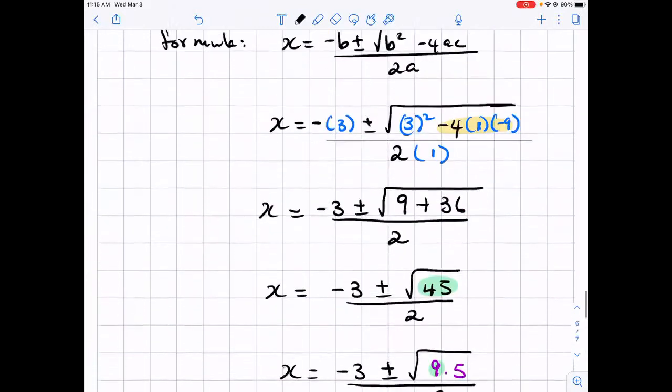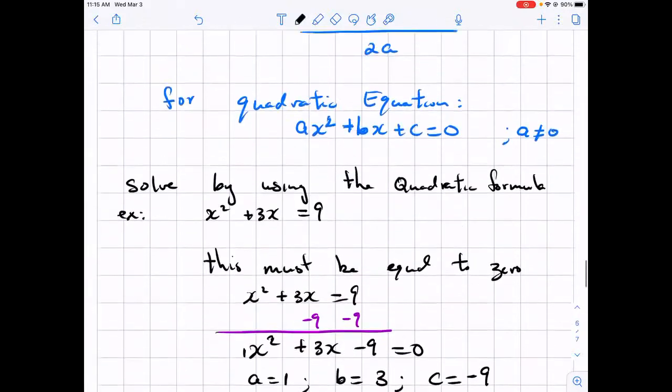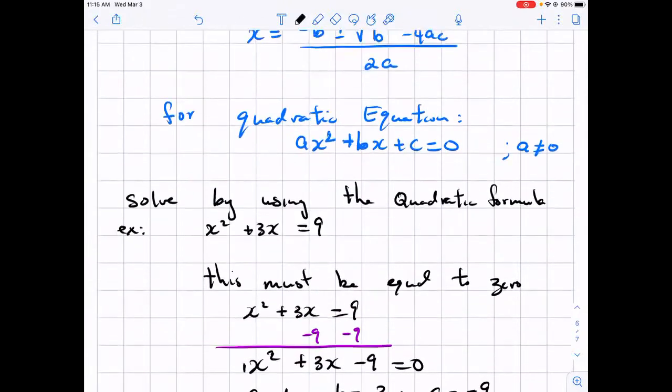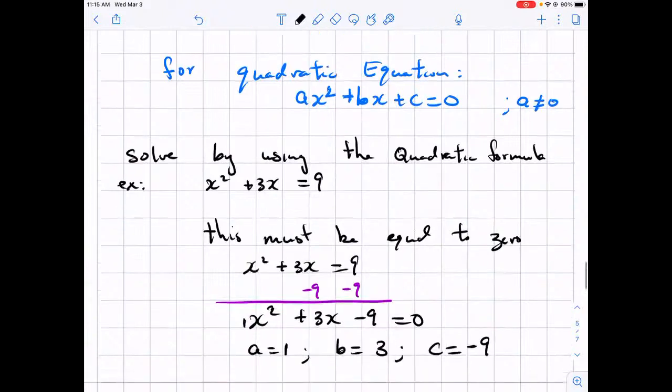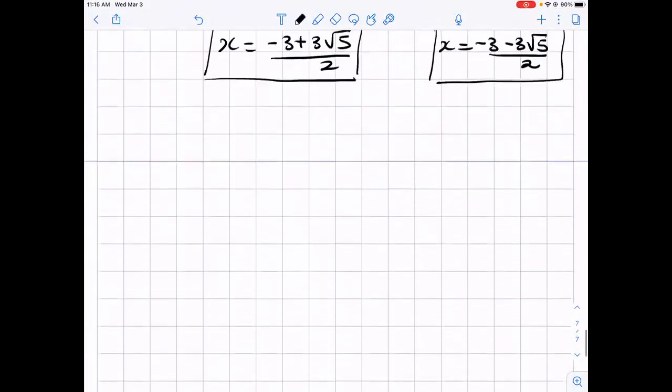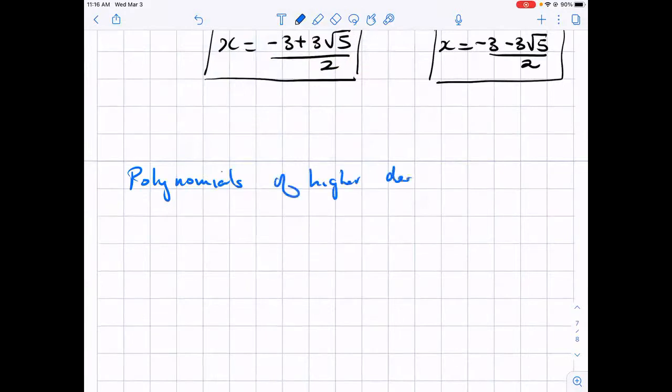So the quadratic formula is just a matter of plugging in numbers and replacing those appropriate letters, right? Now, how about if we have polynomials of higher degree? Remember, degree just means the exponent.